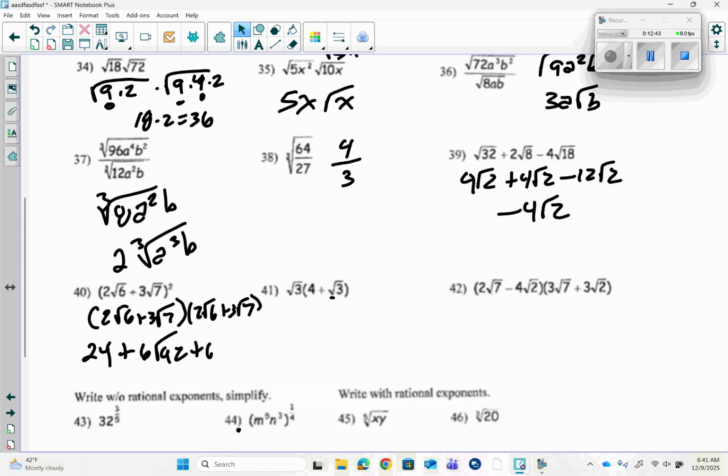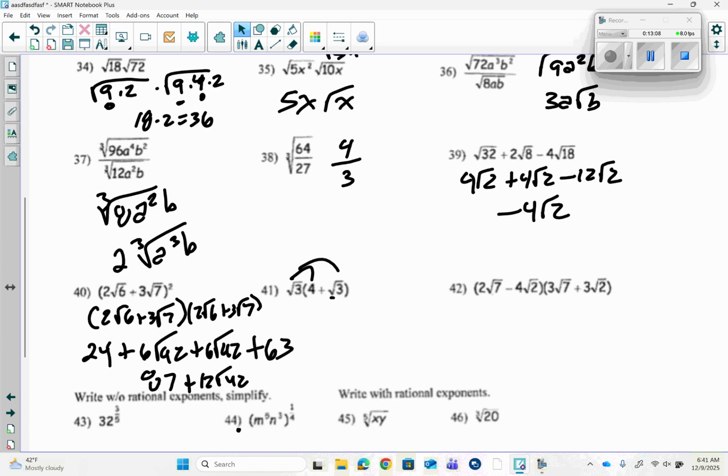Inside, that's going to give me 6 root 42. And the last one's going to give me 9 root 49. Root 49 is 7, so that's 63. 42 is not going to break down. It's 2 and 21. 2 is 3 and 7. It's not going to work. So 24 plus 63 is 87 plus 12 root 42.